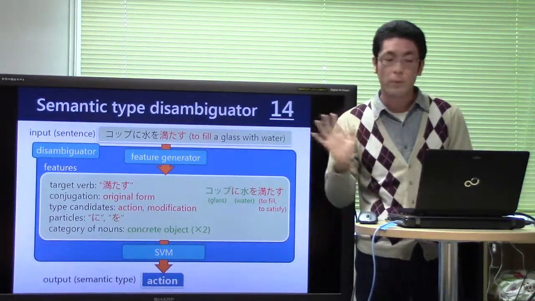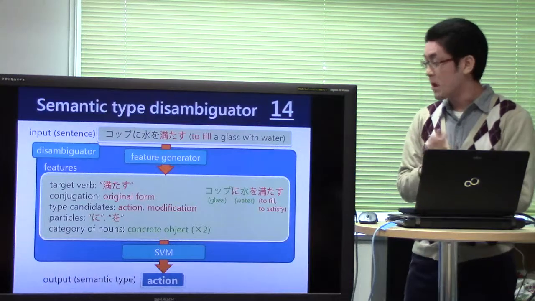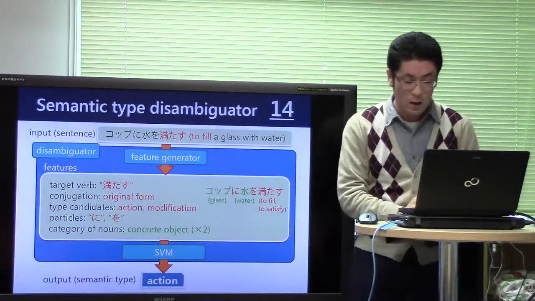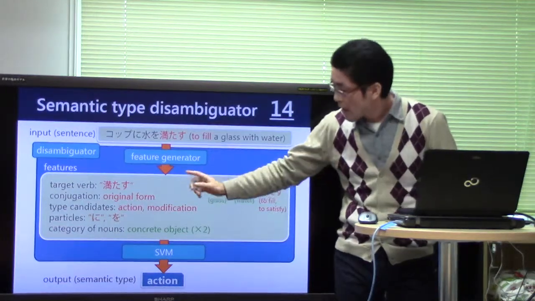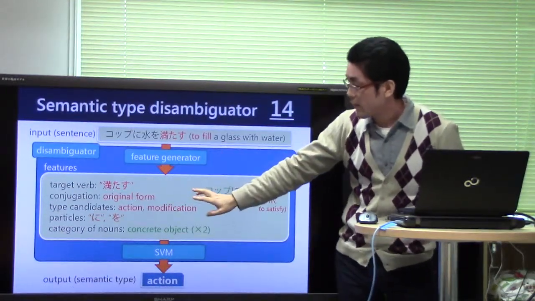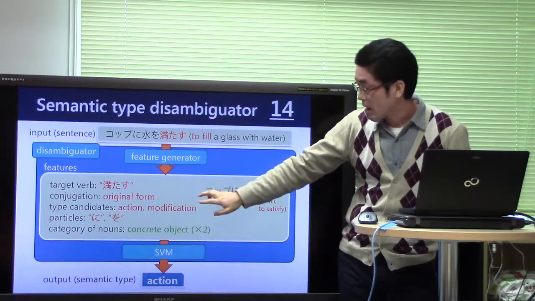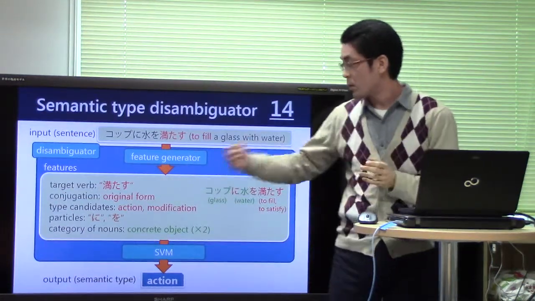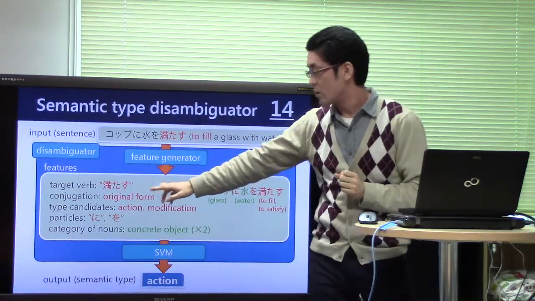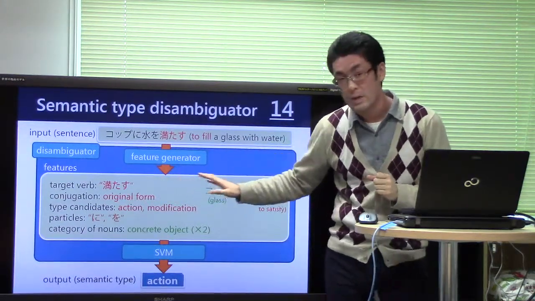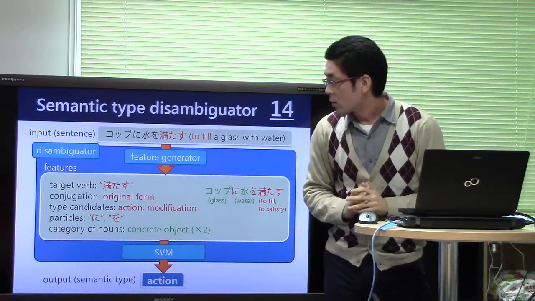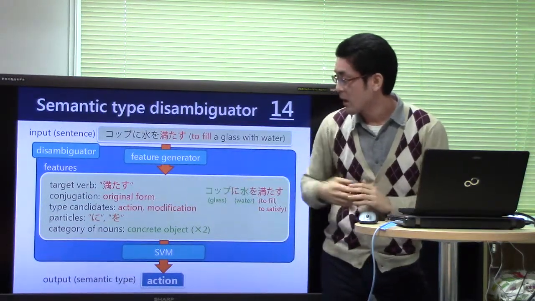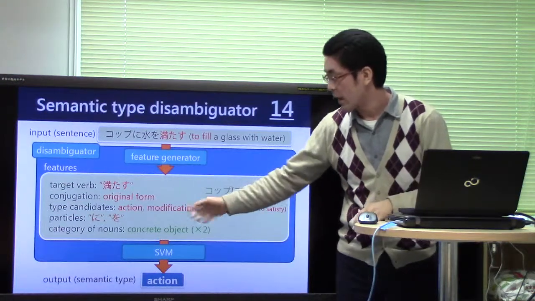We use 5 features. 3 of them are about the target verb: the target verb itself, the conjugation form of the target verb, and the type candidates of the target verb. In this case, the target verb is mitasu, which means either to fill or to satisfy, the conjugation form is the original form, and the type candidates are action and modification.